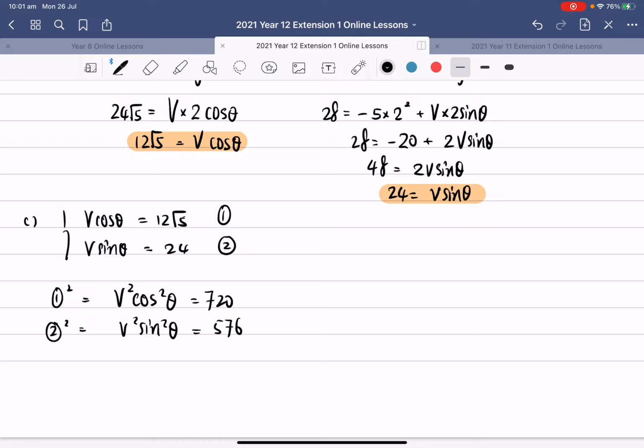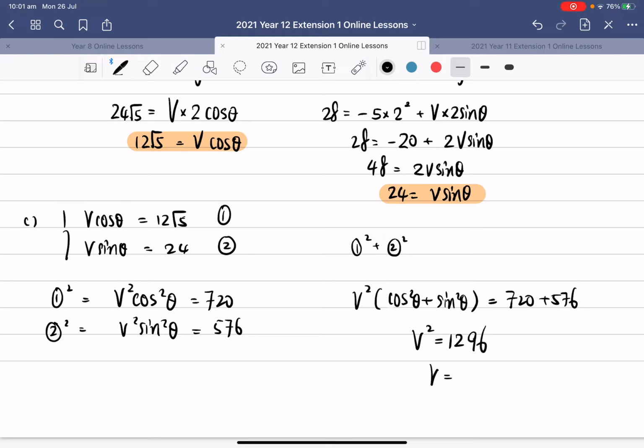Once we finish that, we can add 1 squared plus 2 squared together to use the trig identity, cos squared theta plus sine squared theta is equal to 1. So we end up with v squared is equal to 720 plus 576. That's 1,296. So therefore the initial velocity is equal to 36 meters per second.